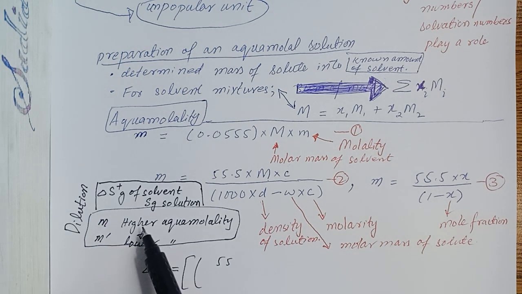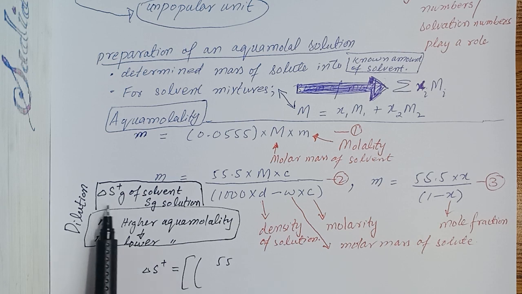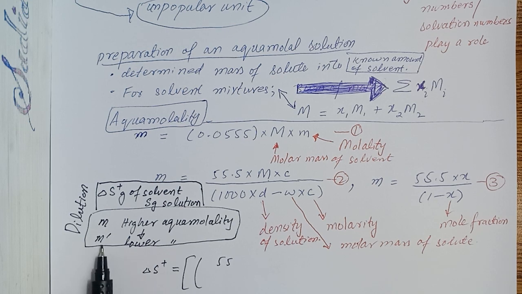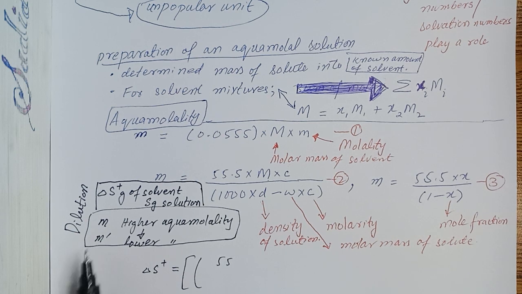So what we are doing here, we are diluting the solution from higher aquamolality to lower aquamolality, where delta S grams of solvent is added to increase the S grams of solution. So we can calculate the amount of solvent that is required to obtain the desired lower aquamolality using the process of dilution.